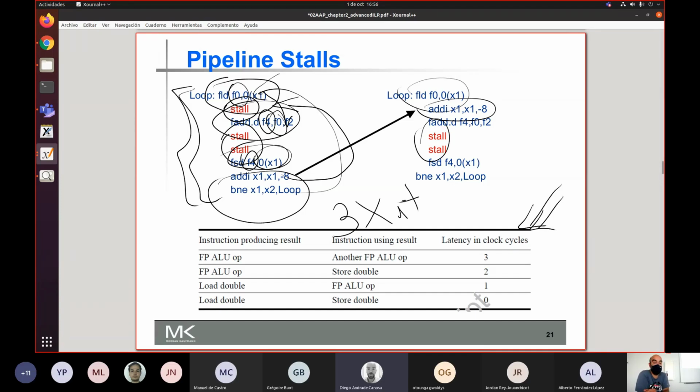However, this cannot be improved further, because obviously we don't have enough instructions to make a smart scheduling and avoid more of these stalls. So what we can do is to apply a source code optimization technique, which is called loop unrolling. Those of you that have taken HPC tools, did you study loop unrolling or not?